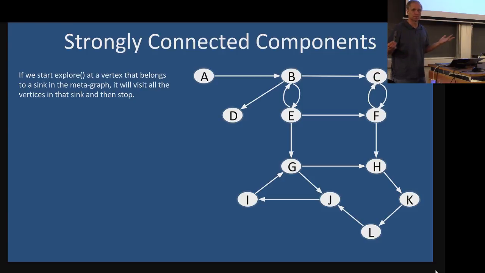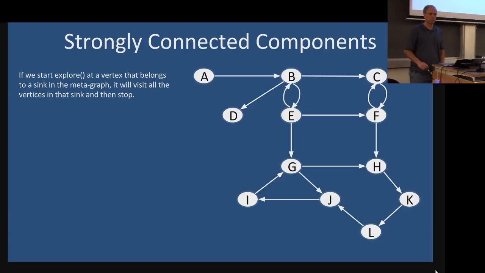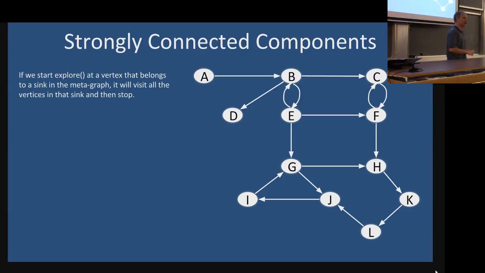Why does that make sense? So D up here is a sink in the metagraph. If we start exploring from D, we'll visit every vertex in that metavertex and stop. I mean, that's obvious. You start at D, you're not going anywhere. What's the other sink in our metagraph?